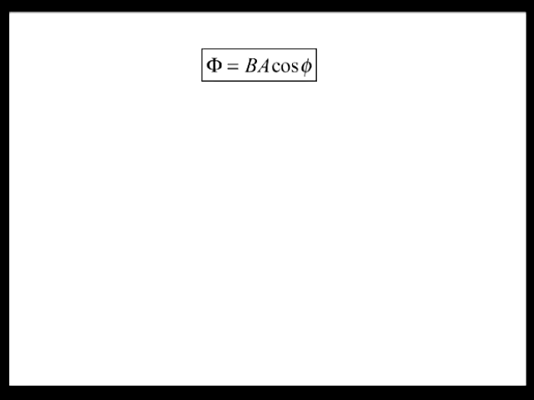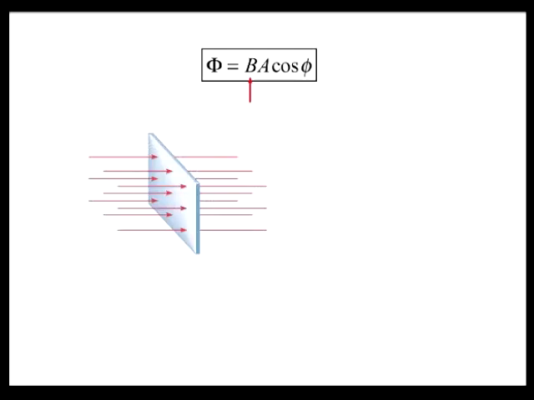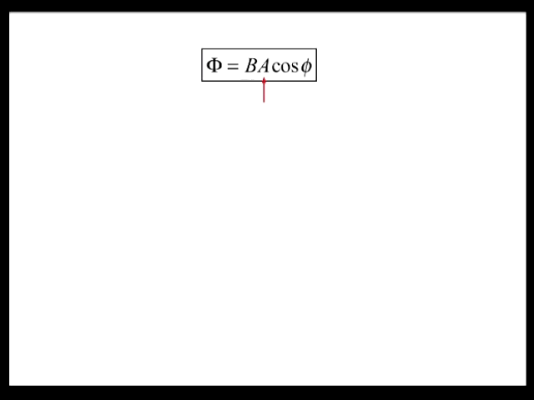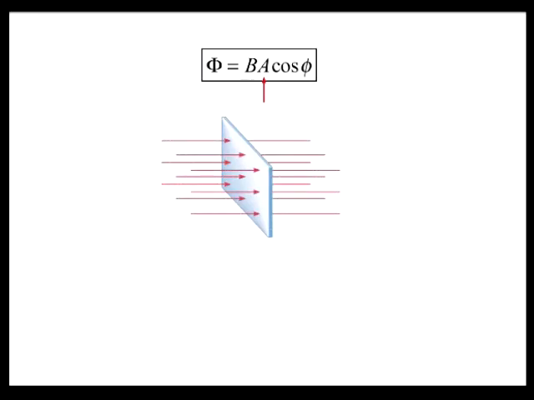From this general equation for the magnetic flux, we can see how the different parameters can change its value. For instance, changing the field strength, which is illustrated by changing the number of field lines, everything else being the same, the area A and the angle phi, changes the magnetic flux. Keeping the field and angle unchanged, but changing the area, changes the flux.